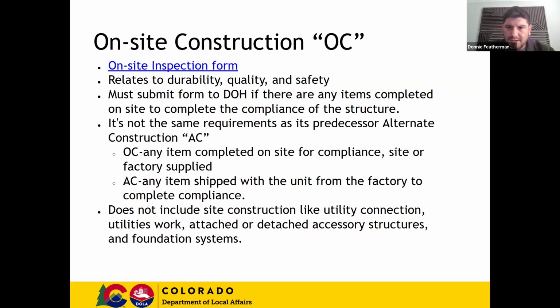That changed, I believe, two years ago during HB 22-1242 when we adopted the tiny home requirements. We changed AC to OC in rule, but the statute also changed to include any item that was completed at the site. It was no longer items that were just shipped with the unit.